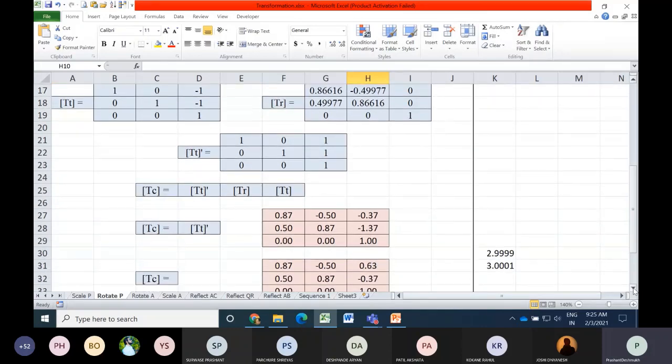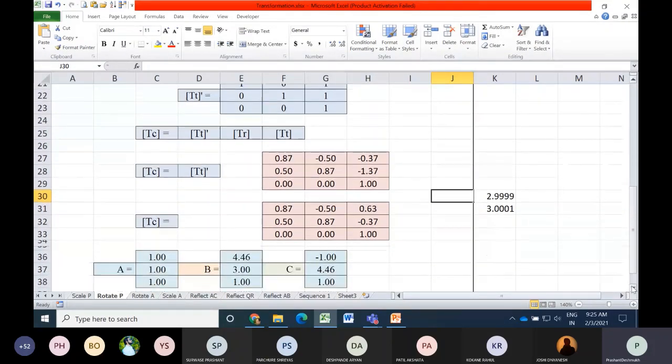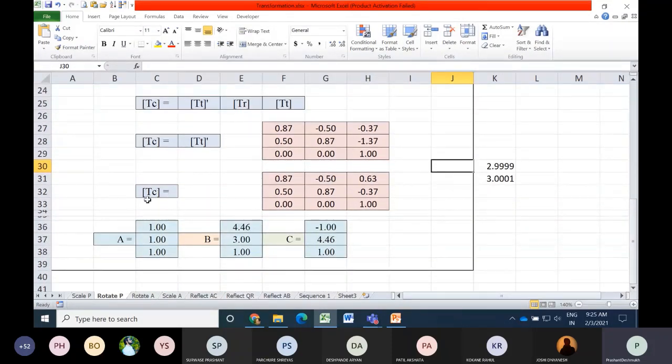Then we can calculate this transformation matrix. This is the formula. In Excel you can do matrix multiplication, so you can calculate. This will be your concatenated transformation matrix, that is, combining these three transformations into a single transformation.